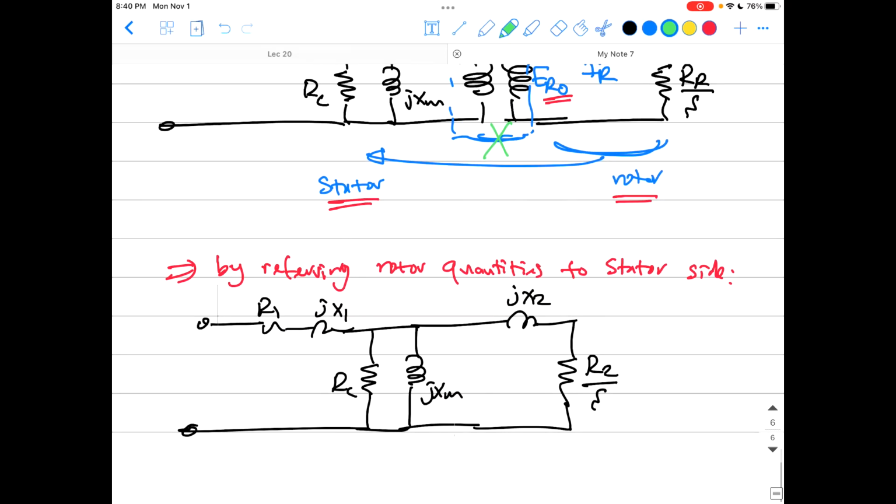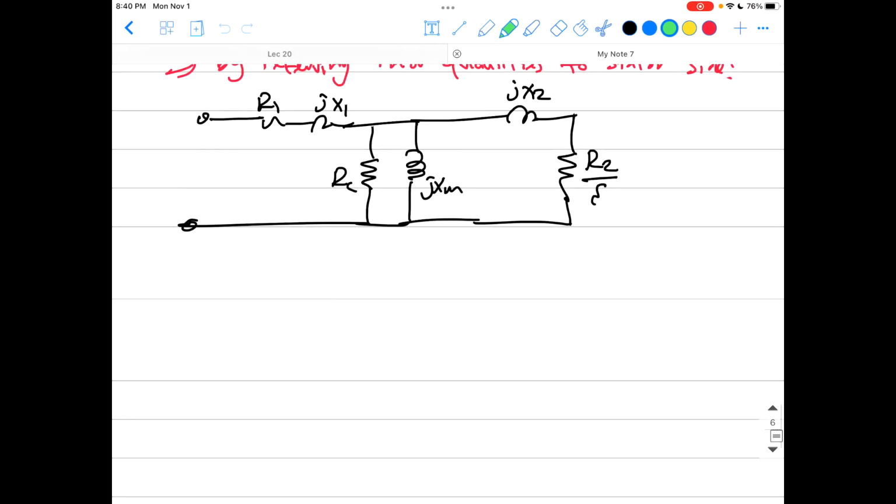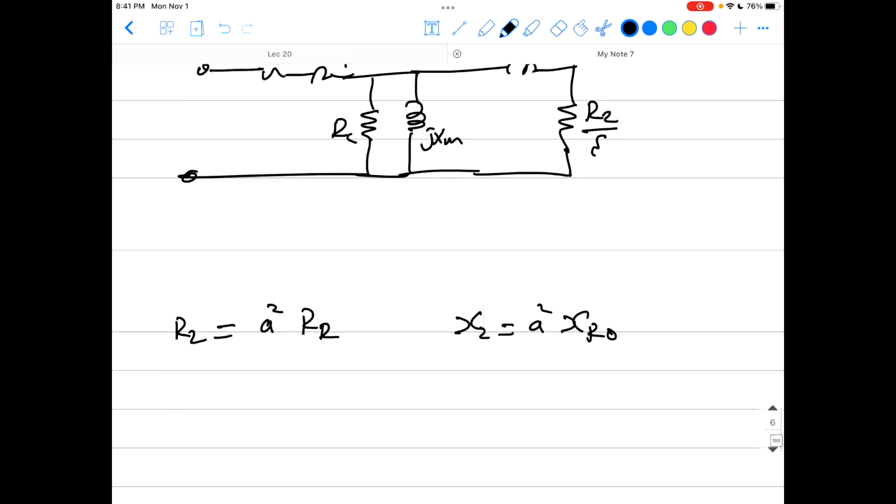Okay? How to do this is just like any transformation happens with any transformer. If you remember with transformer courses before, or when you just studied transformers. So R2 is your referred value, which is equals A squared times the actual resistance of the rotor, R rotor. And this X2 we're using now equals A squared times X of the transformer, XR0, the actual one.